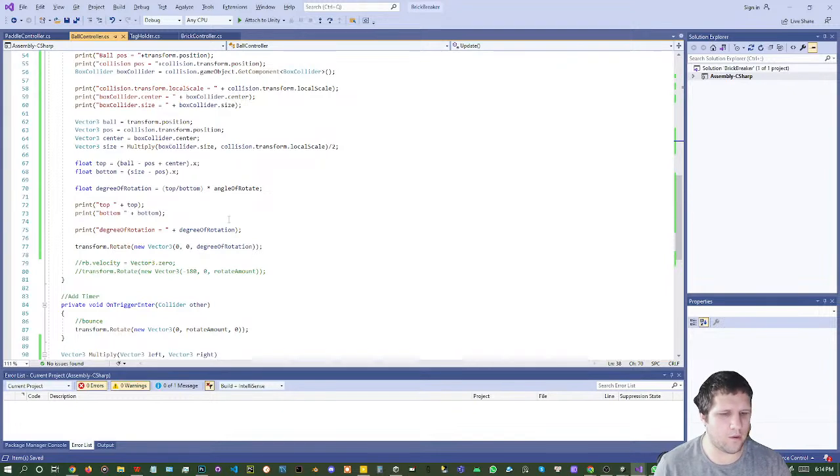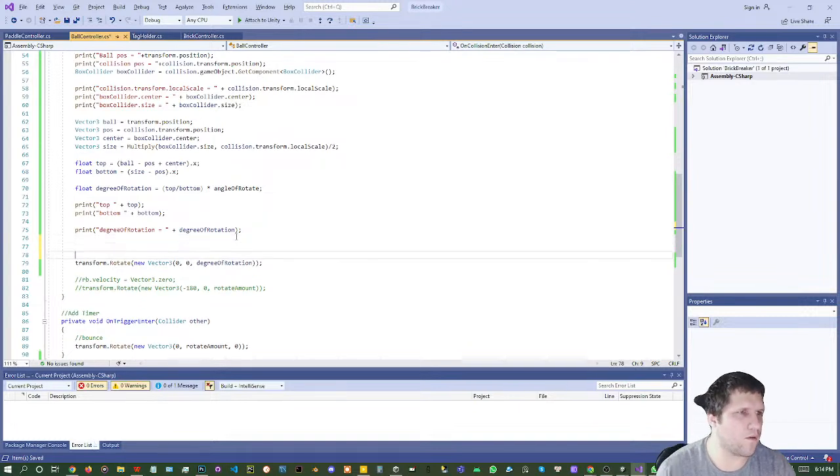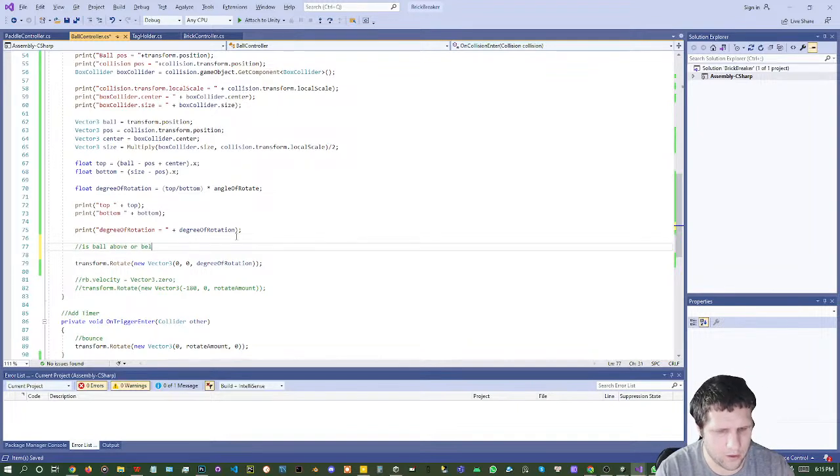So now we just want to see, is the ball above or below collision?